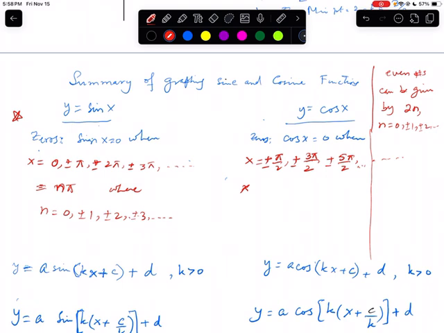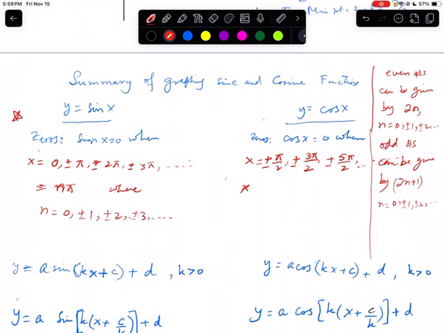Now if you have odd integers, odd numbers can be given by 2n plus 1, where again n is 0, plus minus 1, plus minus 2, and so on.